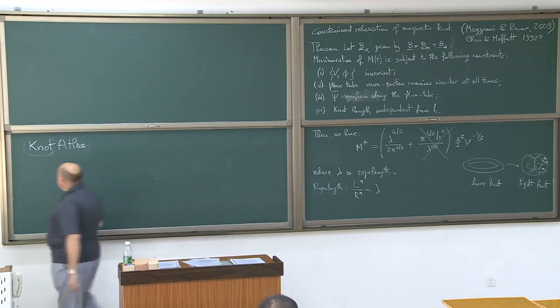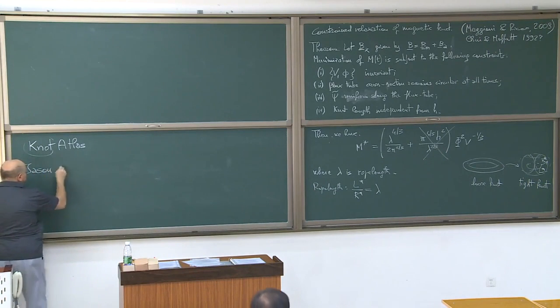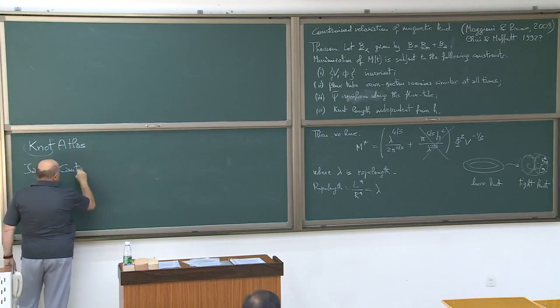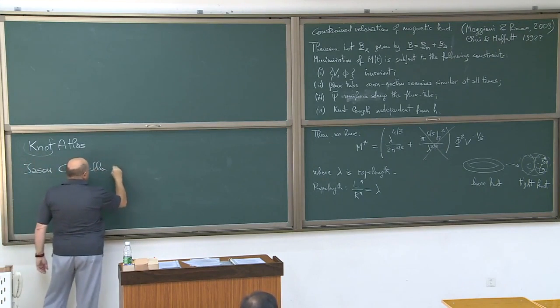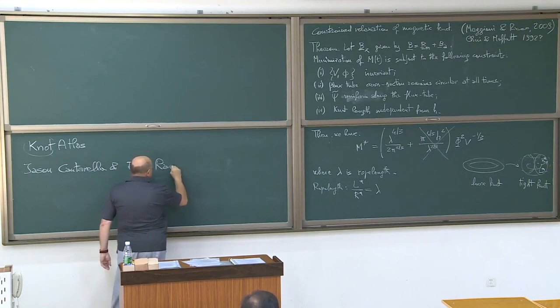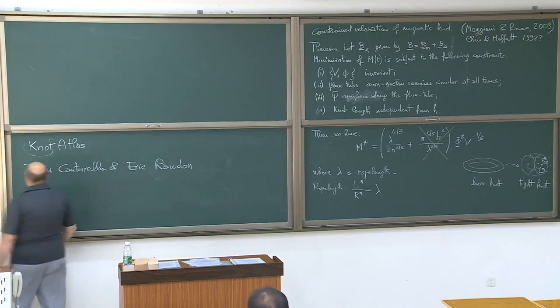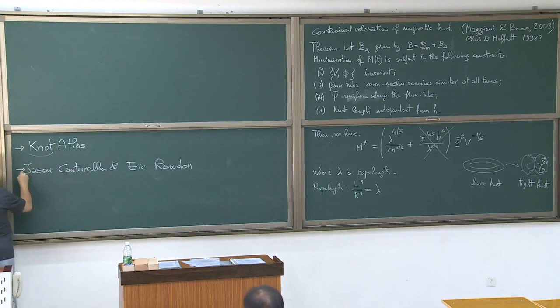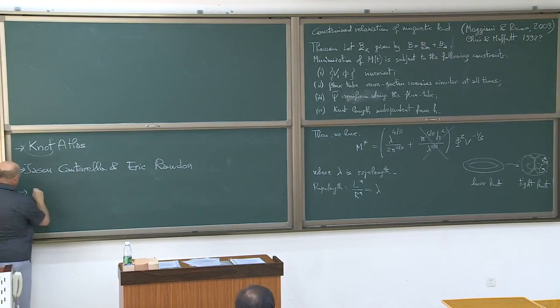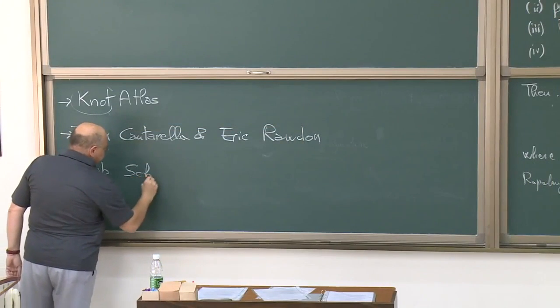This work was done by a group of people. I would like to quote Cantarella in particular, and Eric Rawdon. I would also like to quote another person who contributed so much to this, Rob Scharein.